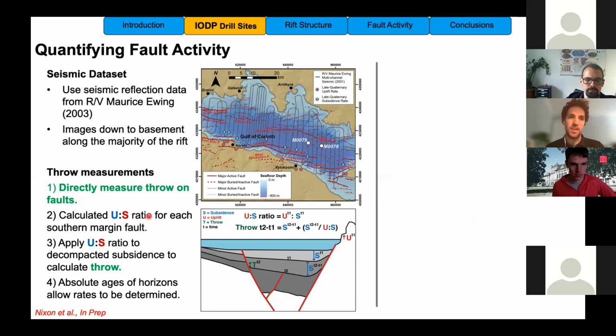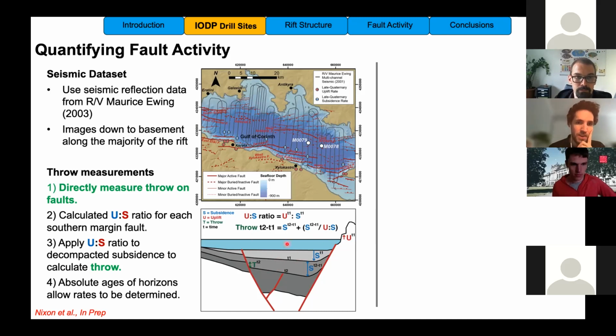Because we're able to use the core data, we're able to depth convert and decompact the seismic stratigraphy, and we're able to directly measure throws on most of the faults throughout the rift. But we're also able to apply the absolute ages of horizons to determine the slip rates or throw rates on those faults as well.